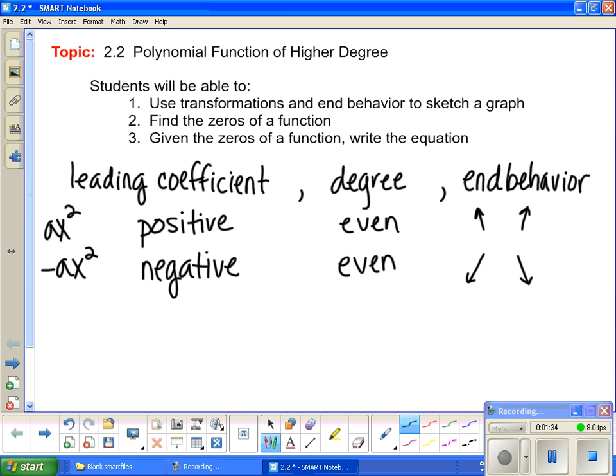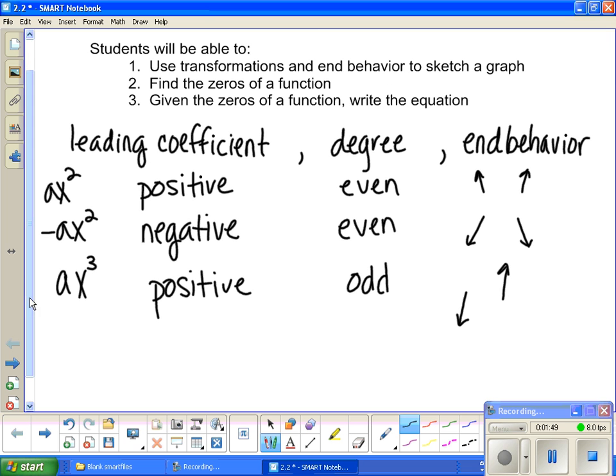Now we have, if the leading coefficient is positive and the degree is odd, then our end behavior is like this. And if the leading coefficient is negative and the degree is odd, then our end behavior is like this.